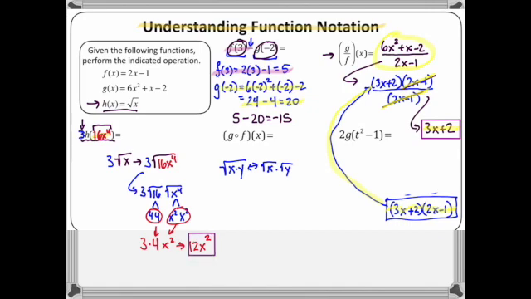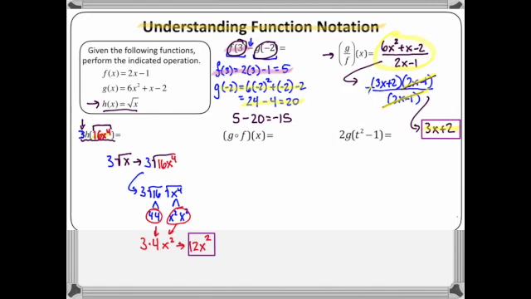So let's take a look at the next one. Okay, so this is what is called a composite function. And what this basically means is that we're going to be taking f of x and plugging it into g of x. So you always plug this function into that one.